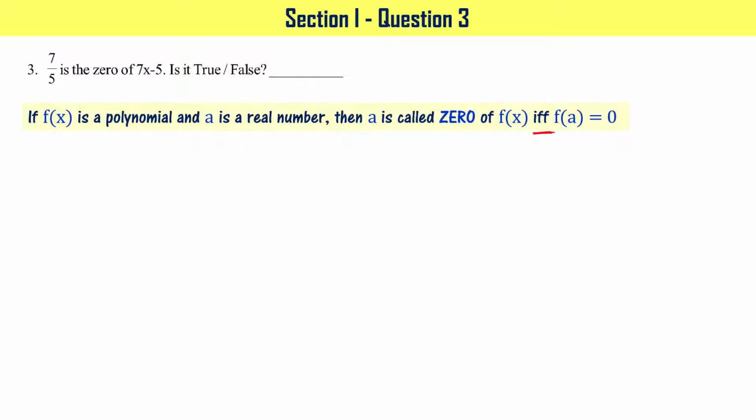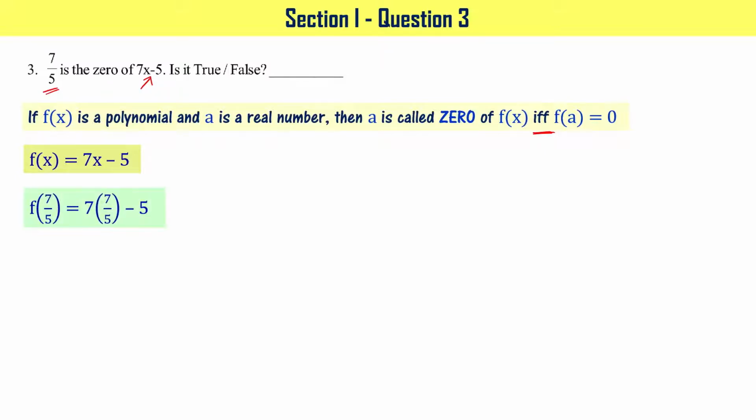It means that when I substitute 7 by 5 into the given polynomial for x, if its value becomes 0, then 7 by 5 is going to be 0 of the polynomial, otherwise not. Let's do that now. Let me call the given polynomial as f of x equal to 7x minus 5, and let's substitute 7 by 5 for x.